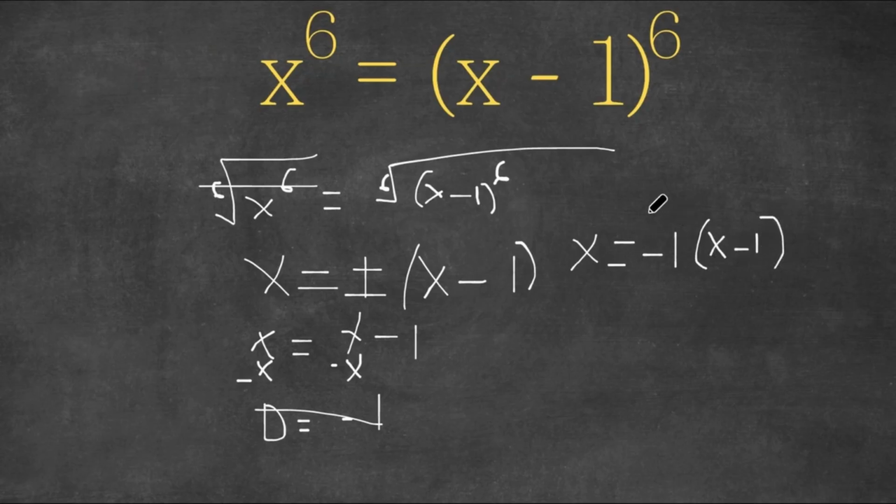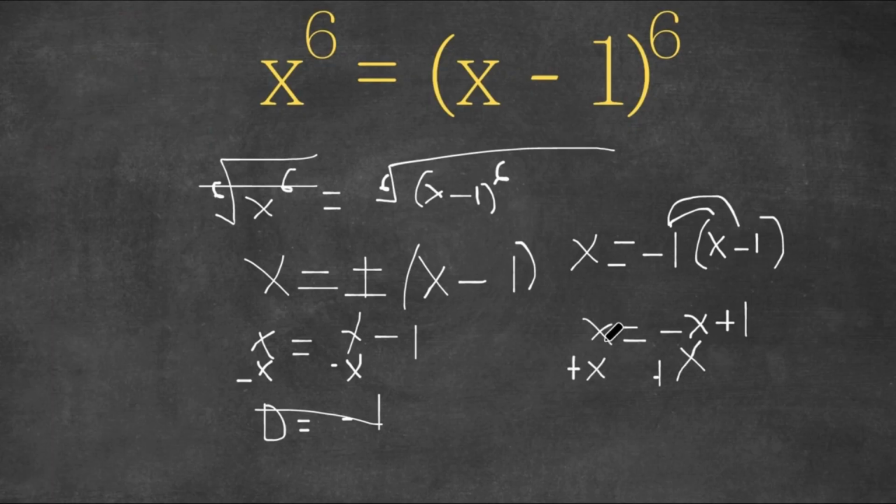So now we're going to have to distribute this negative 1. So we're going to multiply with x and negative 1. So this results in x equals negative 1 times x is negative x. Negative 1 times negative 1 is positive 1. And now we're going to add x on both sides.